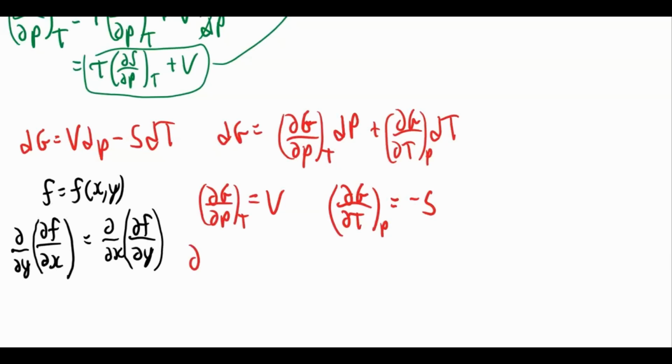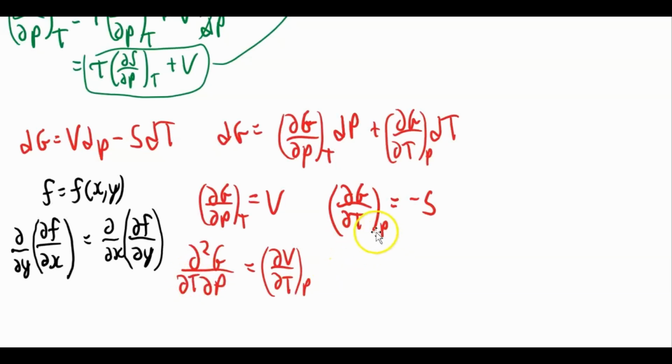If we do that, we would get the second derivative of G, but first we're taking the derivative with respect to P, and then we're taking the derivative with respect to T. That's going to be equal to the derivative of V with respect to T. Now we're going to hold pressure constant because we're taking the derivative with respect to T here. So first we're holding temperature constant, and then when we take the derivative with respect to temperature, we're holding pressure constant.